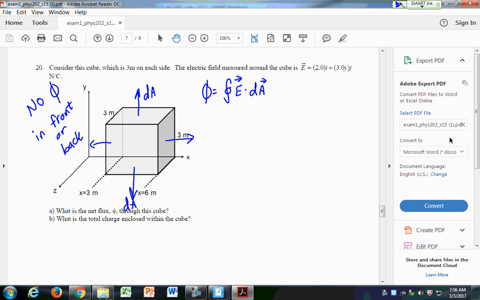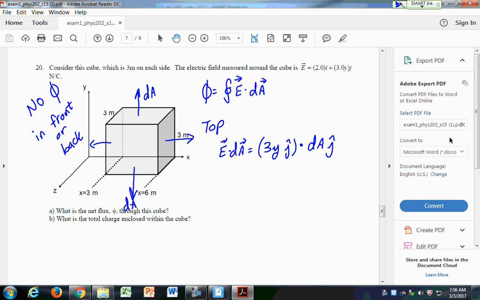All right, so let's do the top. E dot dA is equal to, well, E on the top is going to be 3y. I'm just leaving off the i because I know that i dot j is going to be equal to 0, because my area vector is in the j direction.